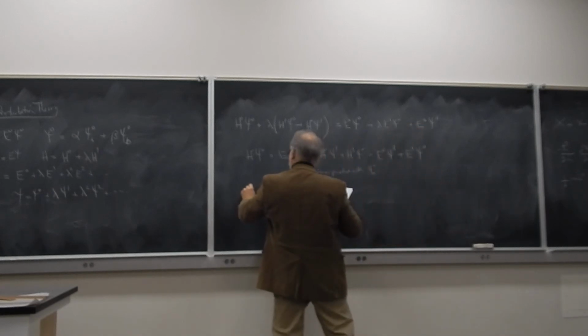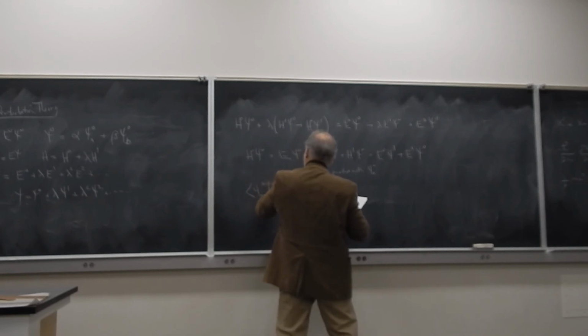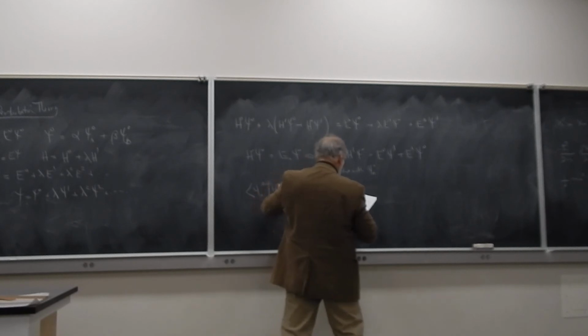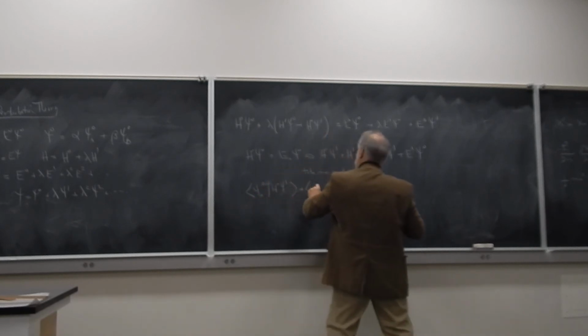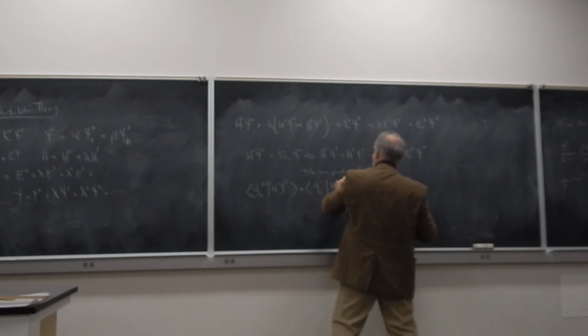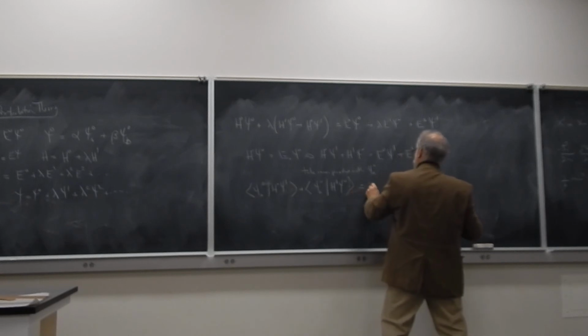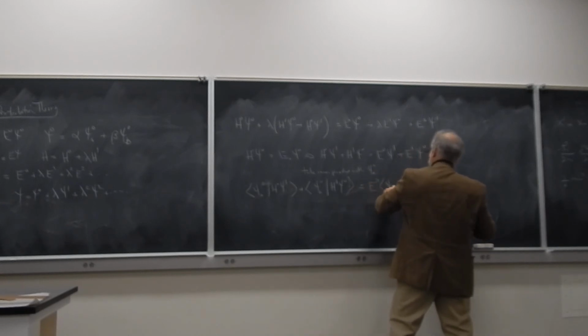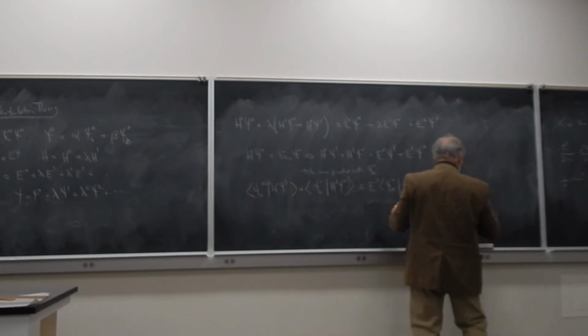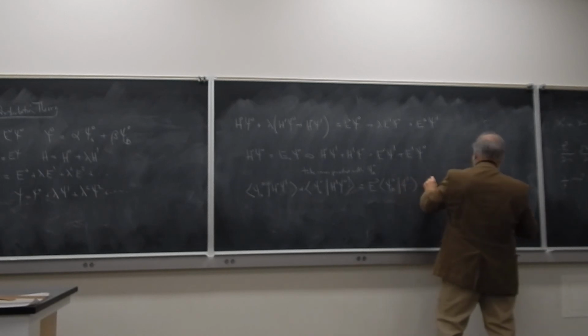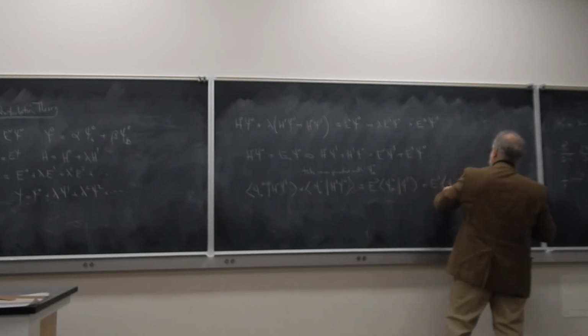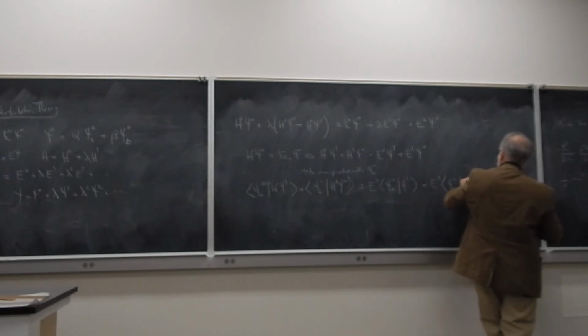So if we do that, we get psi A0, H naught psi 1 plus psi A0, H1 psi naught equals E naught psi A0 psi 1 plus E1 psi A0 psi 0.